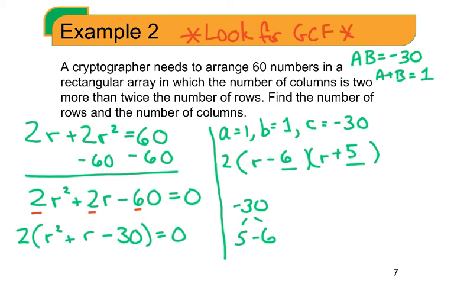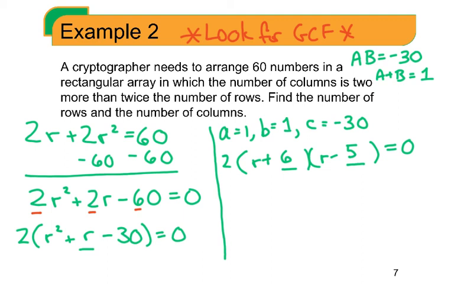Let's double check that works. We get R squared, we get minus 6R and plus 5R. That will give me, I got the signs wrong. See why it's a good idea that we double checked, right? We want this to be positive, don't we?